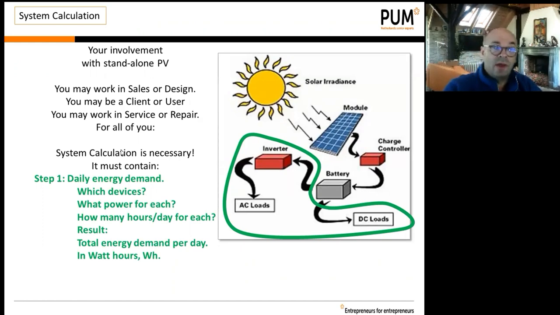What if you want to have a standalone PV system? It's very important to calculate everything about the system. If you design a system, you need to know how many devices you need. How many modules do I need? What kind of charge controller do I need? How big is the battery, or how many batteries? The starting point is basically how much energy you need.